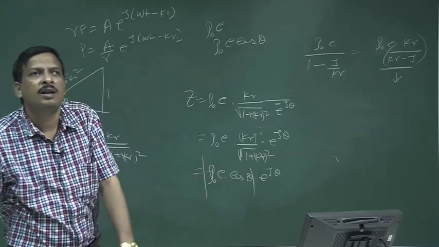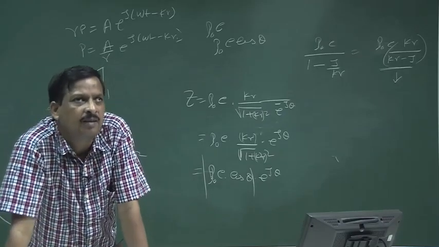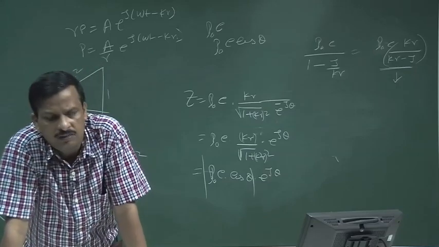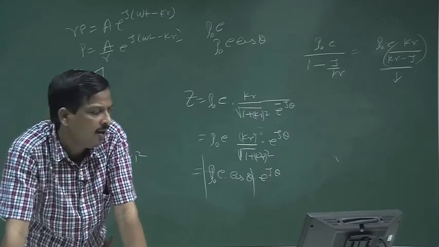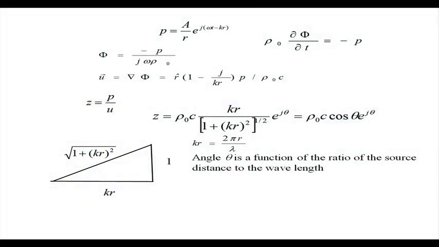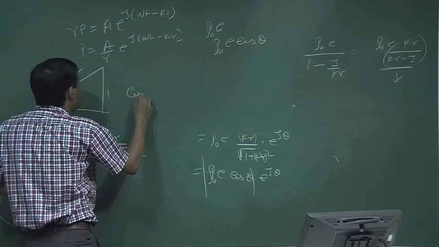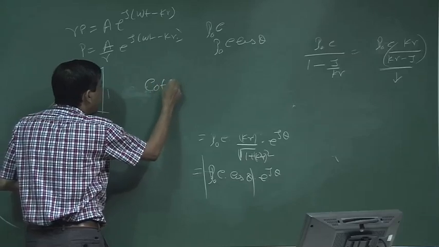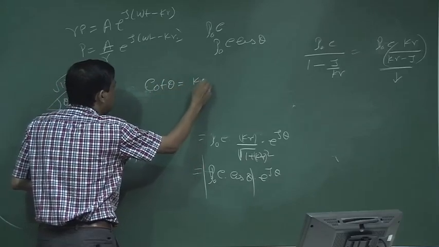What is the theta? Theta is the angle between the pressure and velocity. Now, if this is theta, what is theta? I can write cot theta is equal to kr by 1.